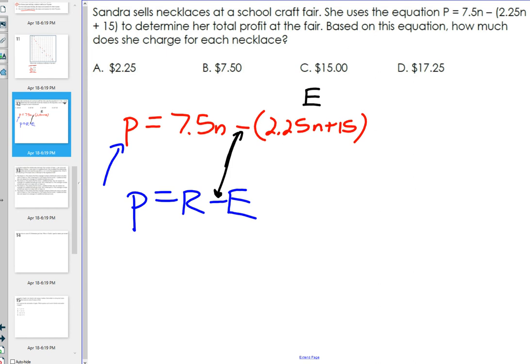It cost her $2.25 per necklace plus an extra $15 on whatever. Maybe it was a display stand or something. But that's what her expenses were, and this is where she got her revenue. If that is indeed the case, how much was she charging per necklace? Yeah, the whole $7.50.